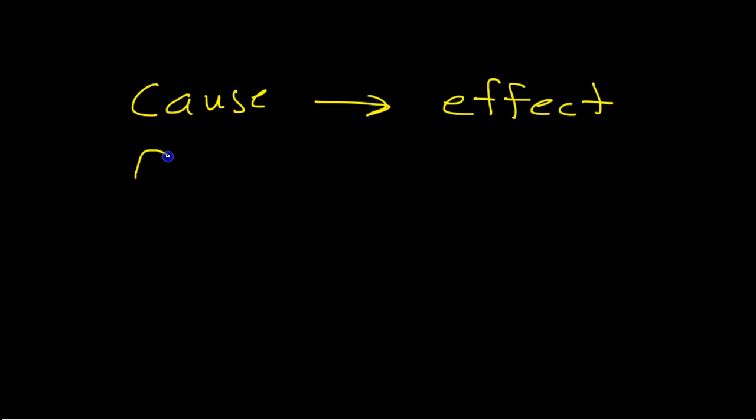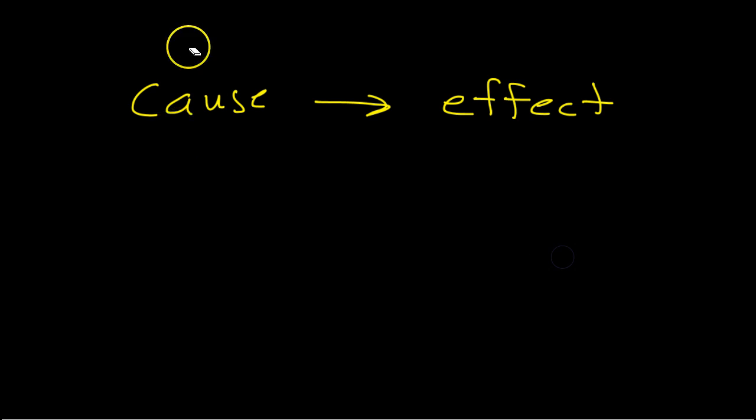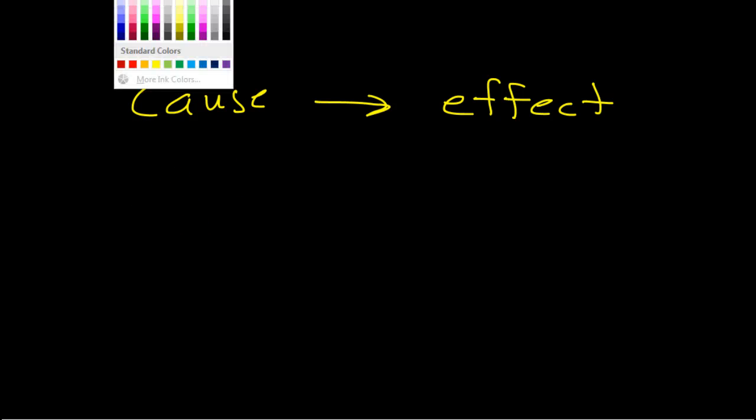All right, if it rains, then we are wet. Okay, rain is the cause and being wet is the result. So keep that in your mind. In the context of variables in an experiment, the potential cause is called the explanatory variable.